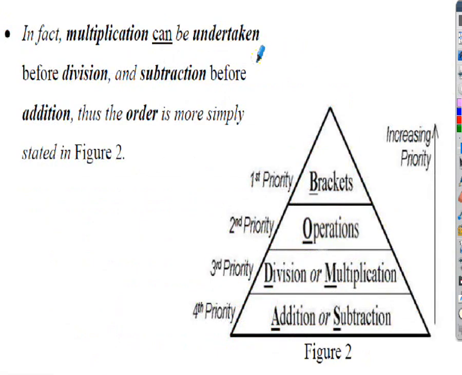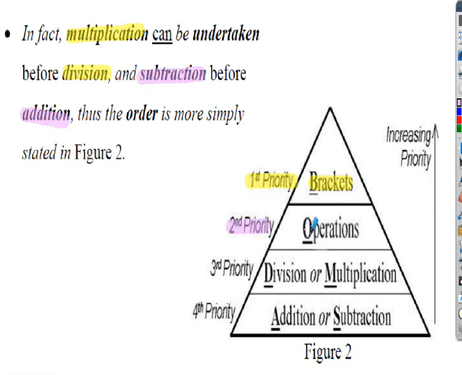However, as I've mentioned in the previous presentations, in fact multiplication and division actually have the same precedent as do subtraction and addition. So I prefer to write BODMAS in terms of the pyramid structure shown on the right hand side here. So essentially within the calculations we're going to take, the first priority will be to consider brackets and try to evaluate them.